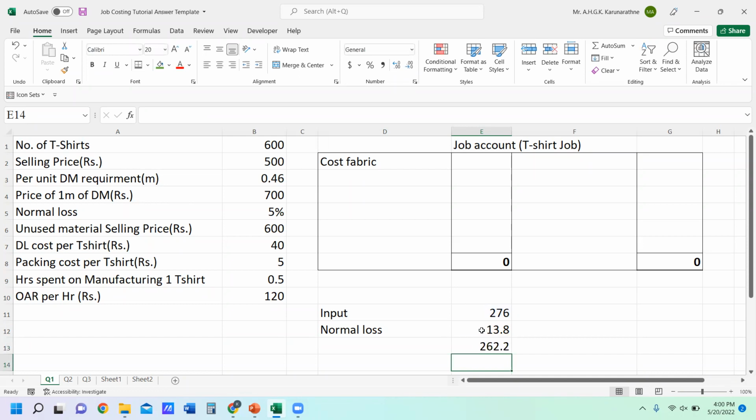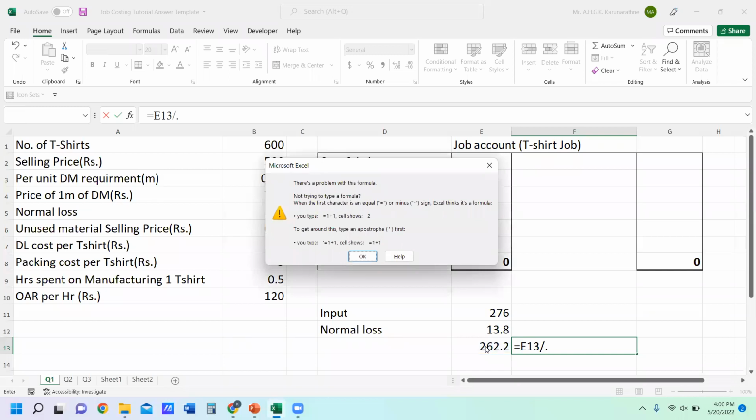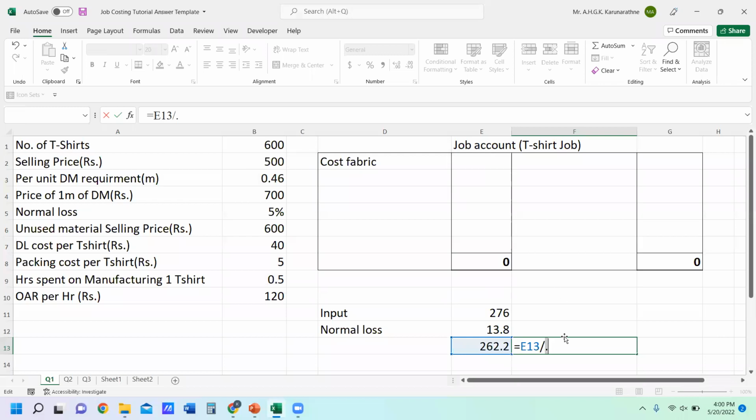If you use this much material, how many t-shirts can you produce? These are raw material actually used subject to normal loss, divided by 0.46. You can only produce 570 t-shirts.